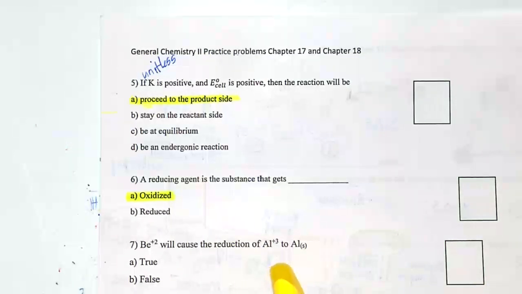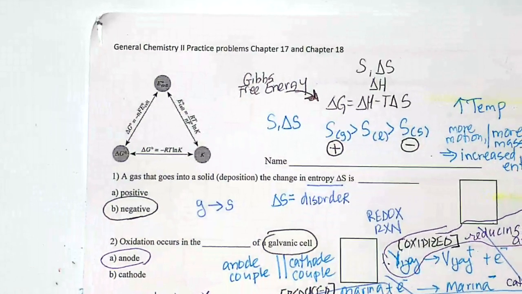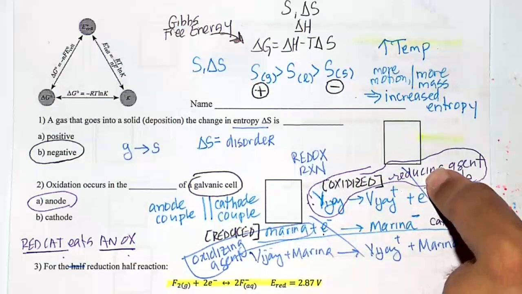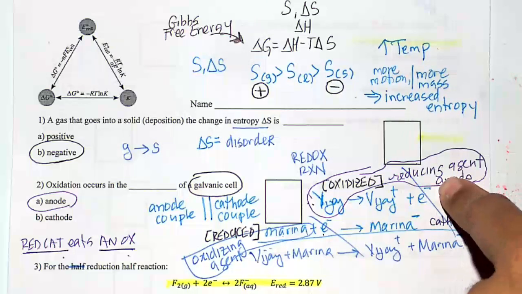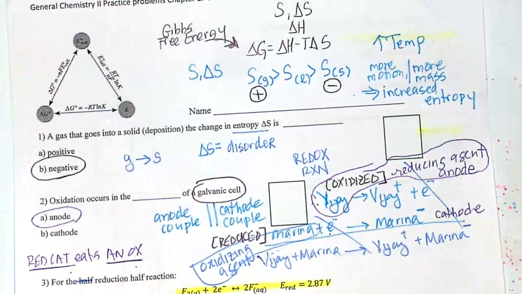Yes, I am the agent that caused her reduction. I get oxidized. Did I confuse everyone in the room? All right, so it goes backwards. The reducing agent is the substance that gets oxidized. I get oxidized, but I am the agent that causes Marina's reduction. So I am the reducing agent. Henceforth, the reducing agent becomes oxidized.